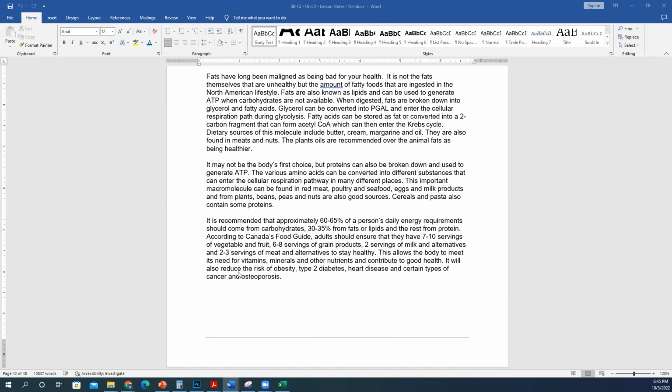Now, according to Canada's food guide, and the food guide gets updated every once in a while, and it's good to take a look at the most recent version if you're really interested and want to know these numbers.